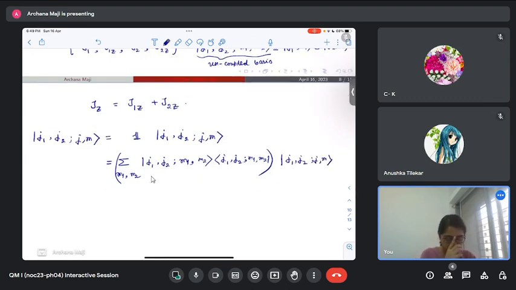Now we usually don't write this j1, j2. We can suppress it basically, I mean, it's understood that j1, j2 is there. So this is nothing but that matrix element, the CG coefficient.